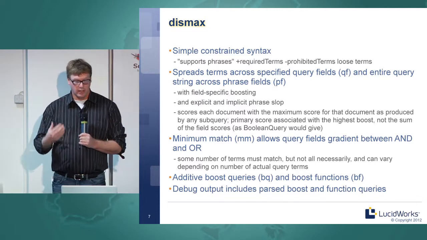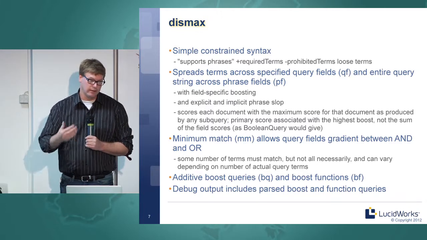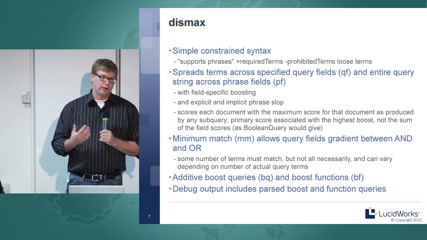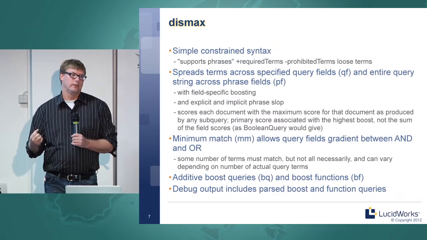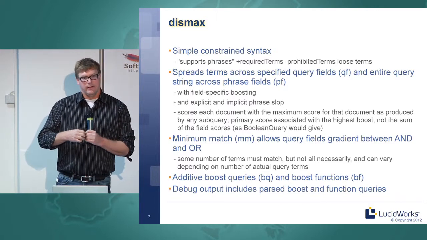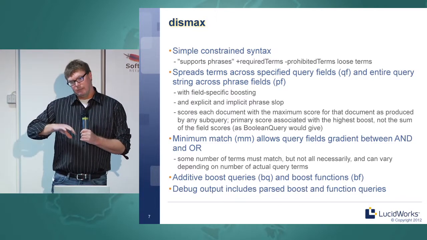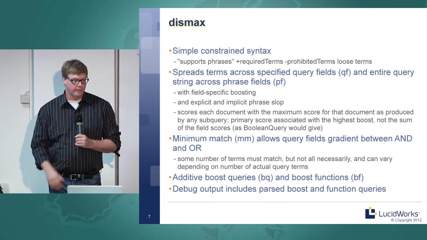It's a very common boost query that's provided. It's even documented like that on the Dismax documentation as an example of how to boost more recent documents. So you can take the last modified date of a document and provide a boosting function so that more recent documents get a higher weight there.